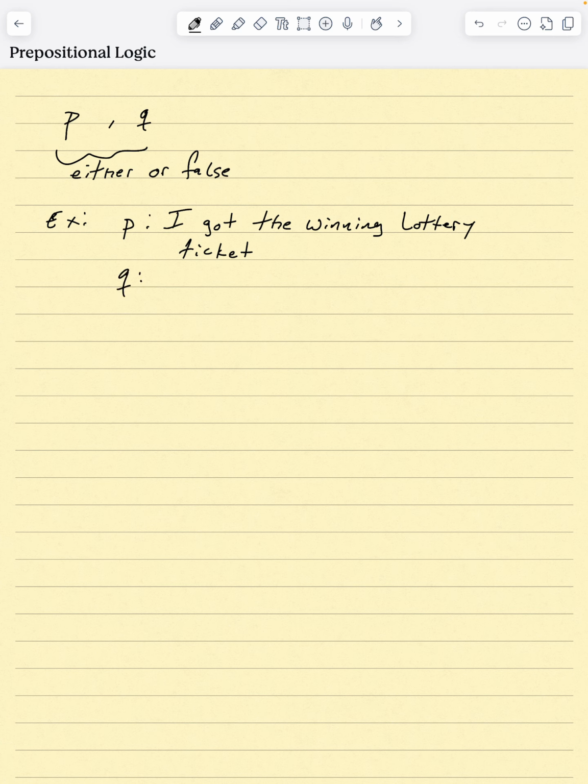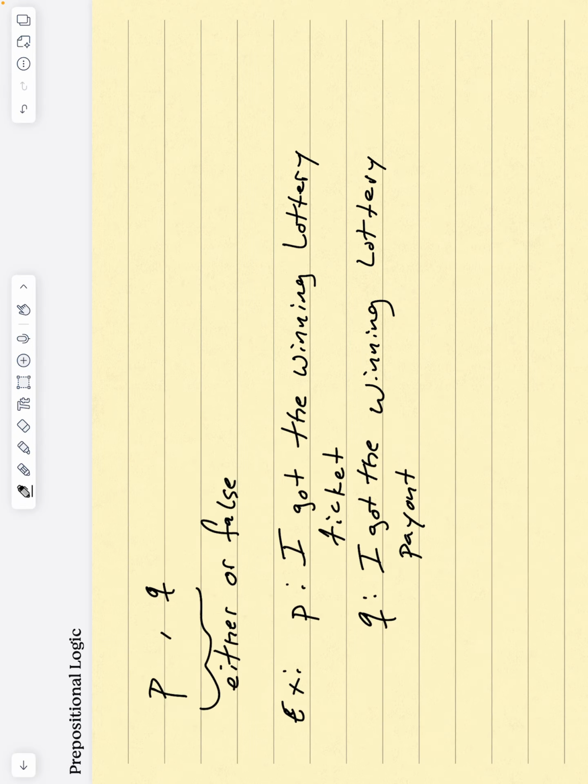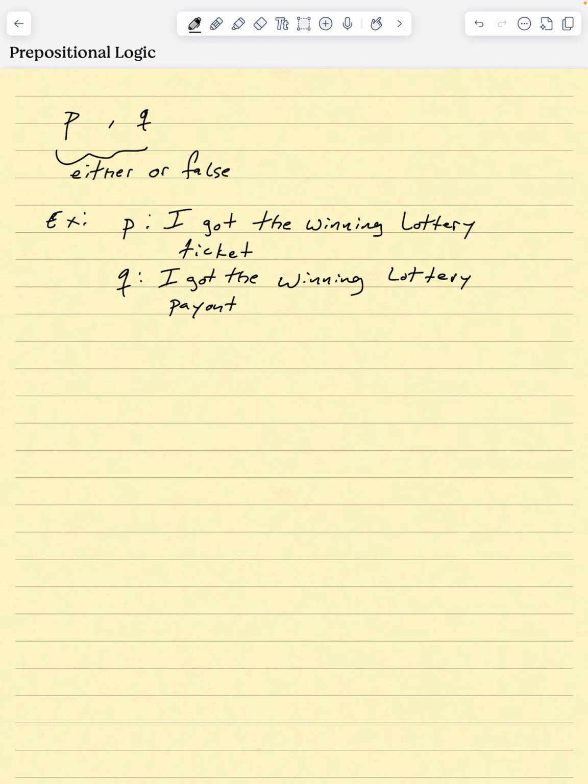Okay. And Q is: I got the winning lottery payout. Okay. So these are two statements that are related to each other, or they can be. But the key is they're propositions, so they're either true or false.